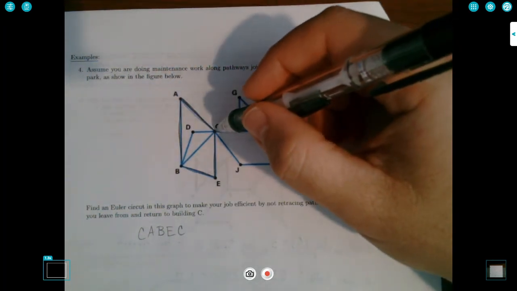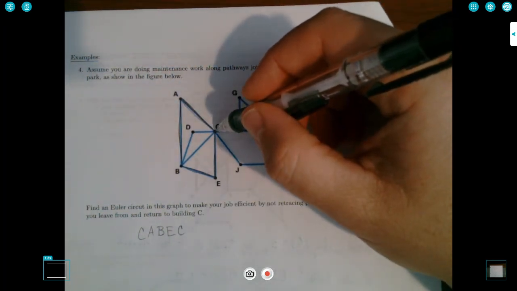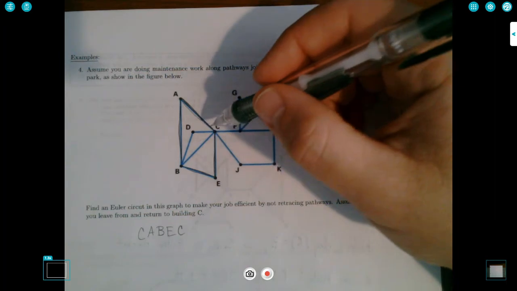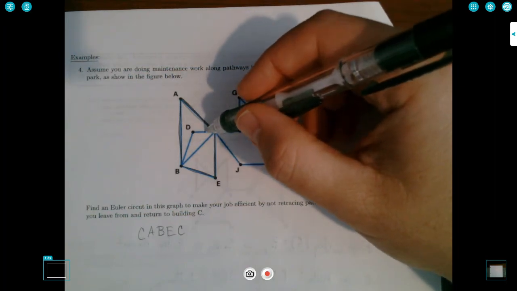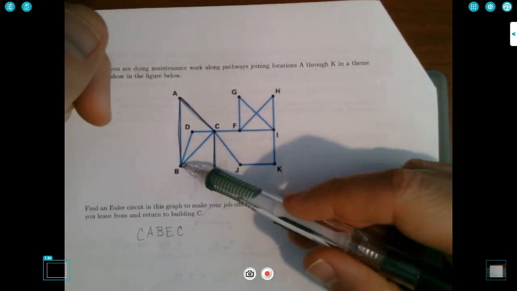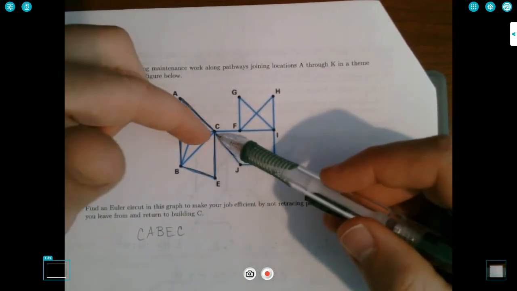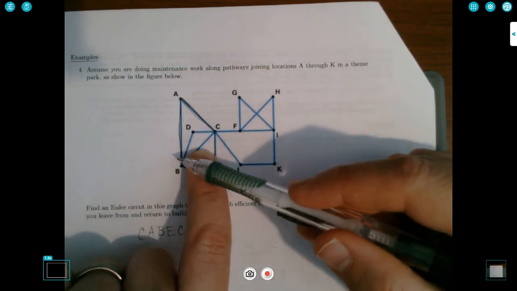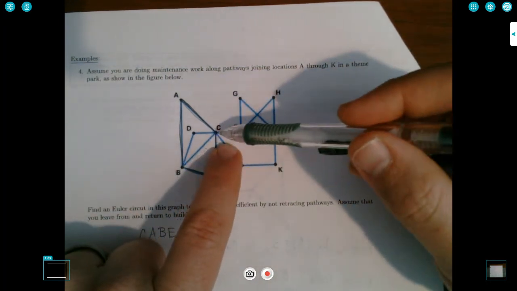But now I have some choices. I should only cross a bridge if I have no other choice. Well, if I take away this segment, I don't have a disconnected graph, right? I would have this graph right here that's kind of like a W, so it's not disconnected. If I take away this segment, still not disconnected. If I take away this one, not disconnected.